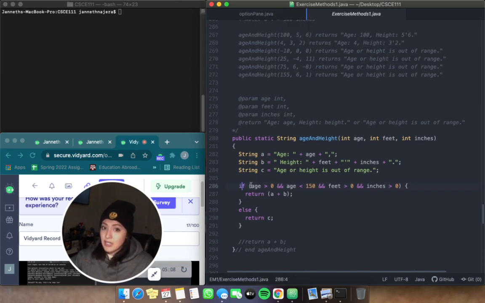So here we're saying if the age is greater than 0, and so notice the double and sign, and age is less than 150, and feet is greater than 0, and inches is greater than 0, then I want you to return A and B. Okay, so A and B meaning string A and B. So I want you to actually say age, put the number that the user gave you, i.e., 100 in the first scenario.